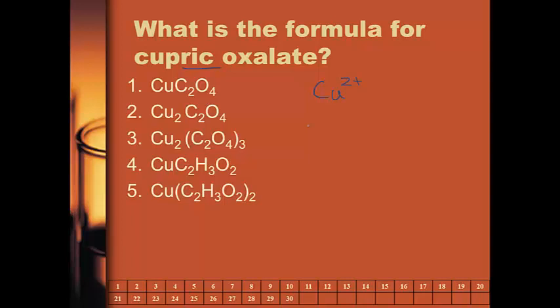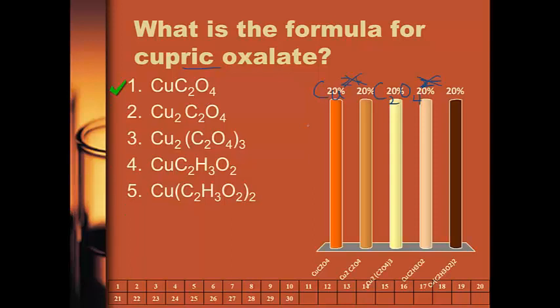C2O4, and the charge is 2-. So we don't need to crisscross because it's +2, -2, so they cancel out. And it should be CuC2O4. You just put everything together.